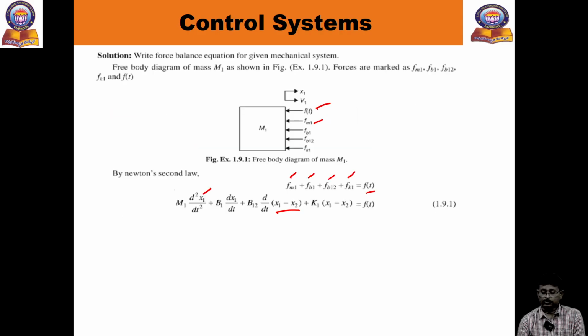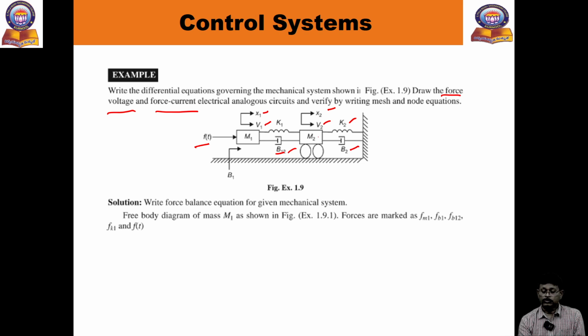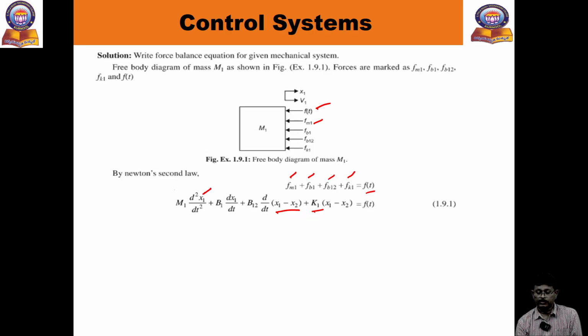Similarly, the spring constant k1 is also between the two elements, between the two displacements, so you get k1 (x1 minus x2) equals f of t.